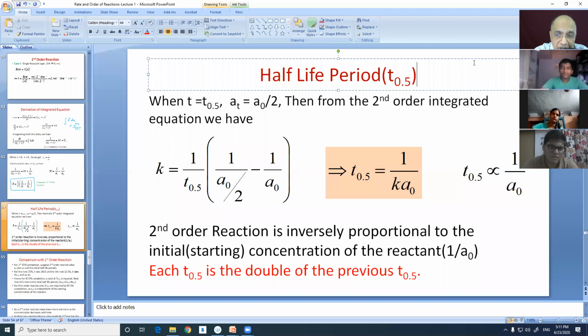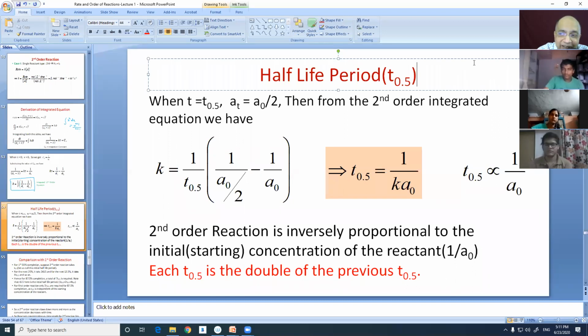You get the equation: half-life period is equal to 1 by k a0, which means the half-life period for a second order reaction is not constant. Unlike a first order reaction, a second order reaction is completely different. It is inversely proportional to the starting concentration. I don't say initial, because the initial is changing every moment. So for a second order reaction, the half-life is inversely proportional to the starting concentration of the reactant.